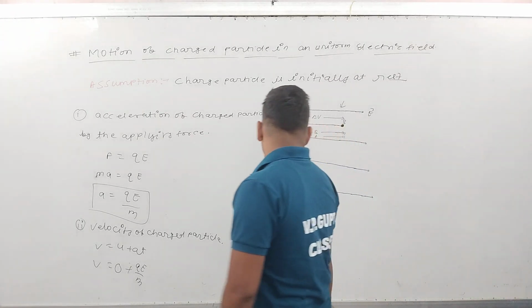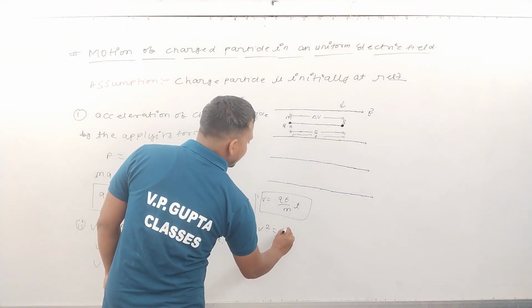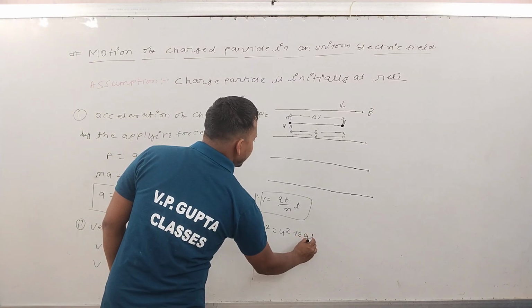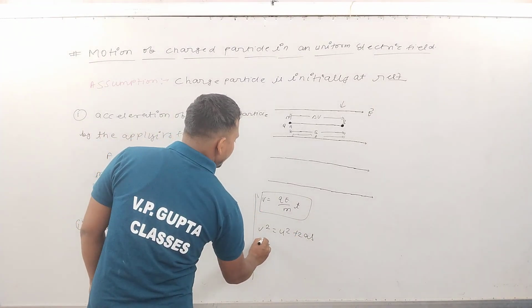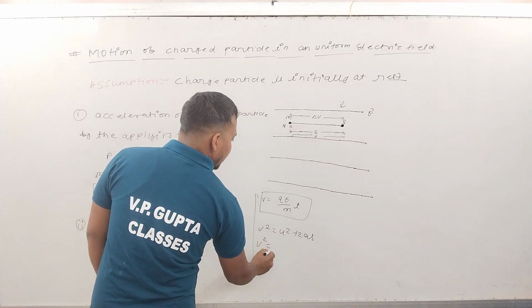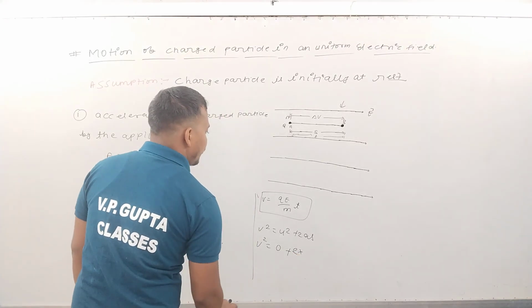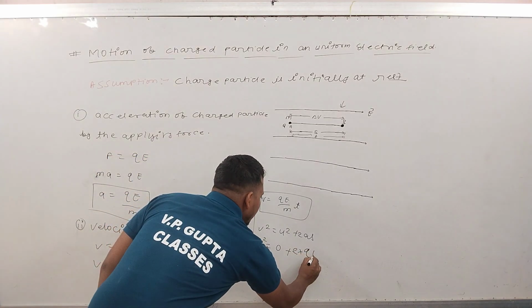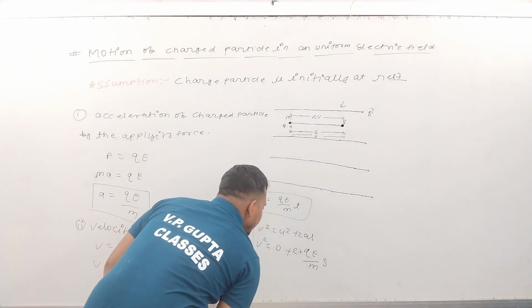So we also know that v square is equal to u square plus 2as. Now u is 0, so v square is equal to 2 into the value of a, which is qE by m, into s.